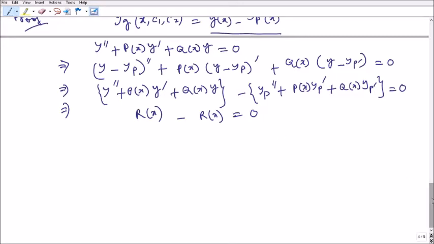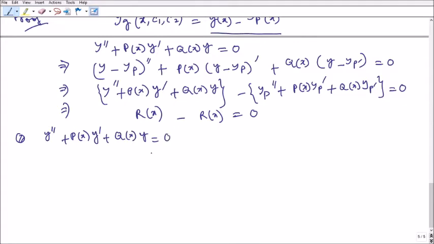Now, the homogeneous differential equation y double dash plus p of x into y dash plus q of x y equal to 0.